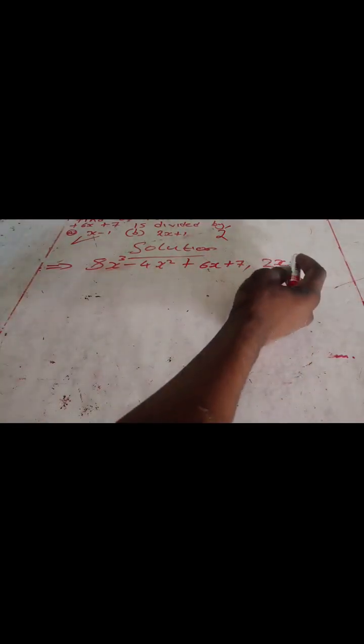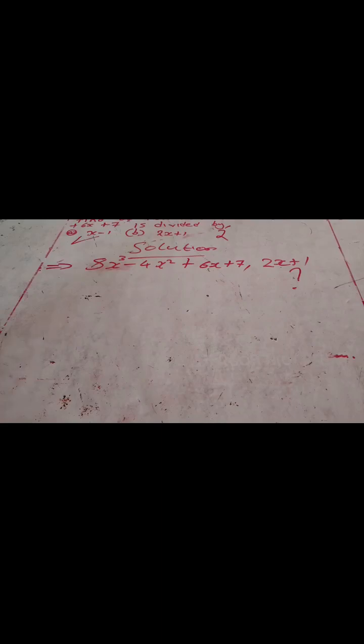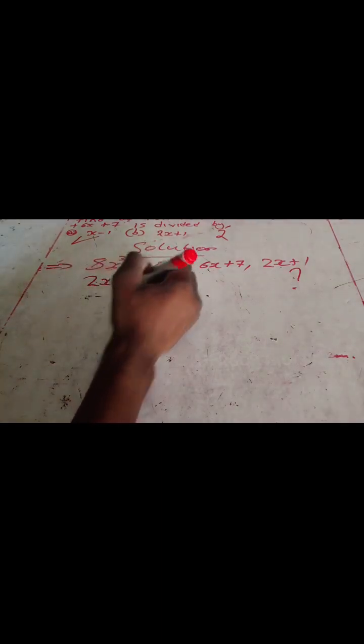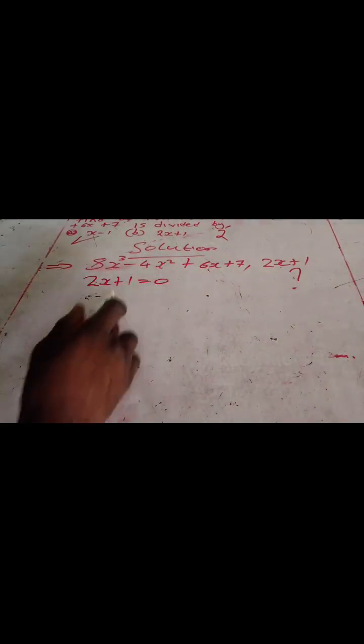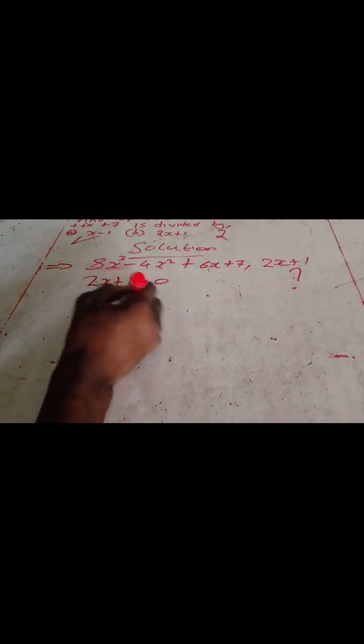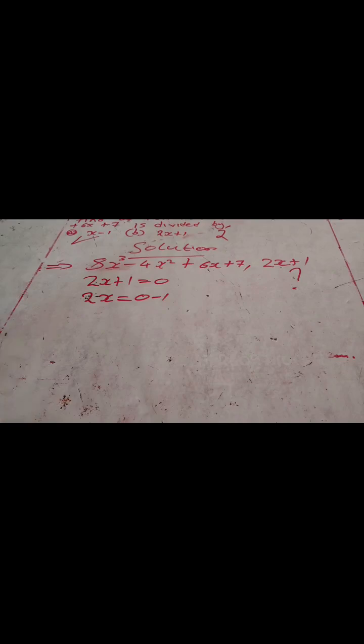So we're going to find the value of x by equating this divisor to 0. So 2x plus 1 is equal to 0. If you see here, 1 and 0 are like terms. So I'm going to take 1 to this side. So 2x is equal to 0 minus 1. Always remember, when a number crosses the equal sign, its sign changes.